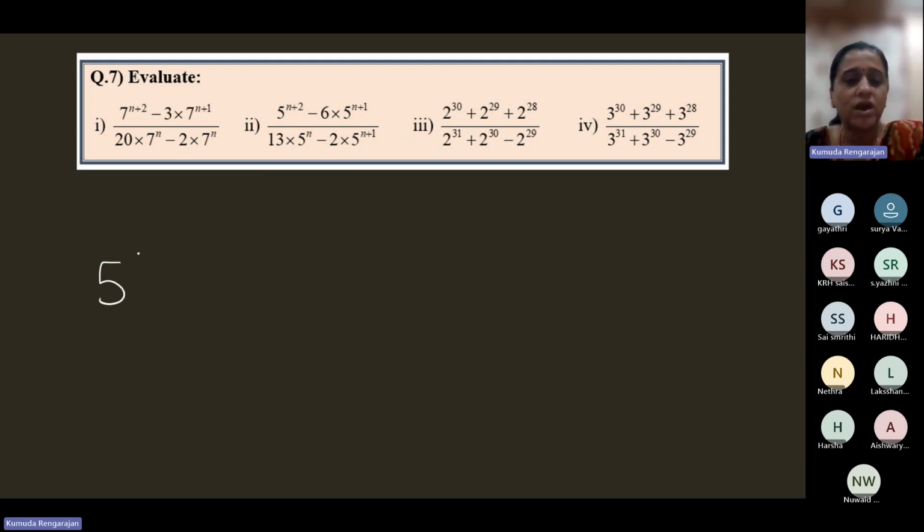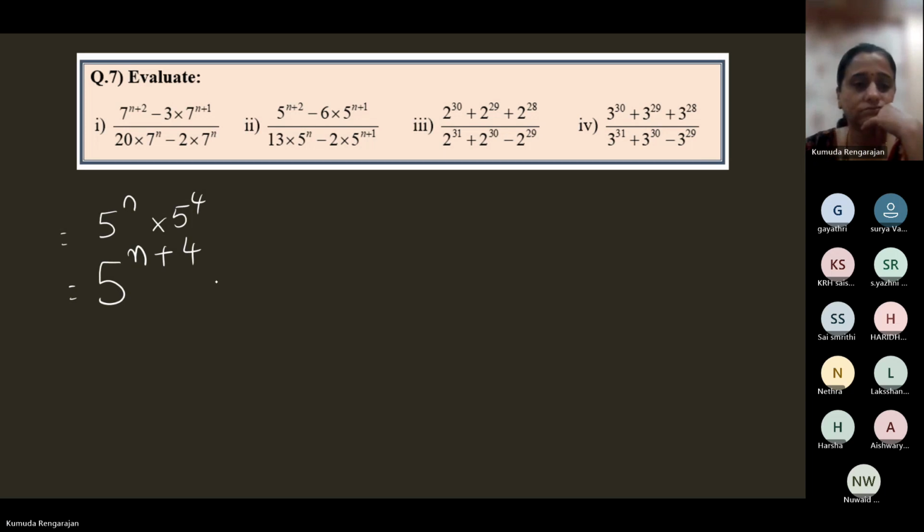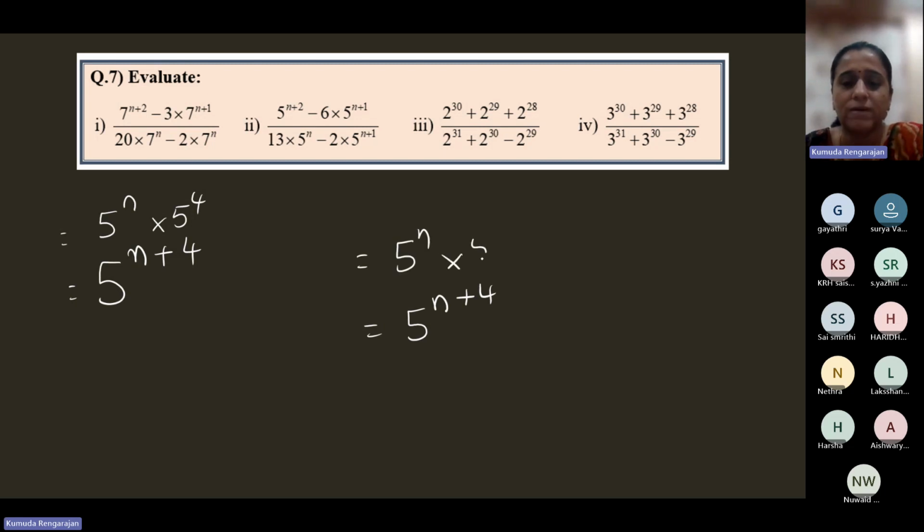If you have this expression 5 to the power n plus 4, then it should have earlier looked like this, right? The previous step should have been 5 to the power n into 5 to the power 4, correct? See, now if you have an expression 5 to the power n plus 4, what is its earlier step? It should have been 5 to the power n into 5 to the power 4, right?